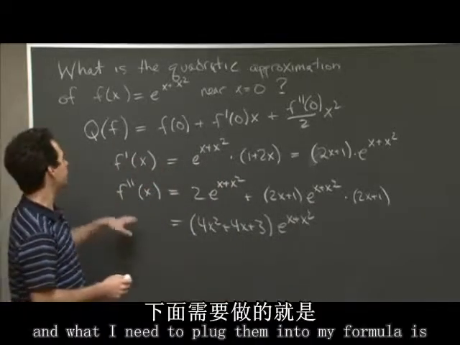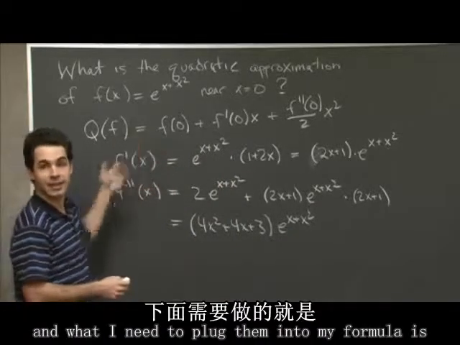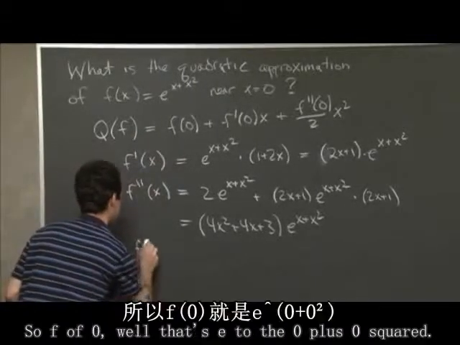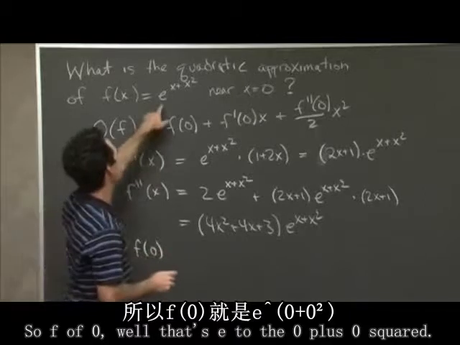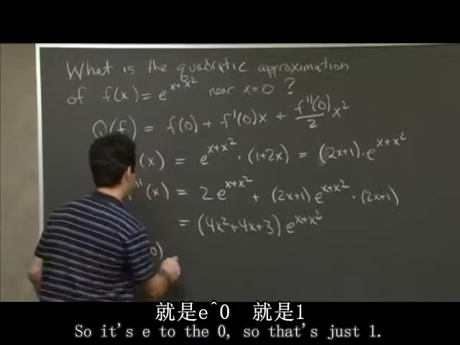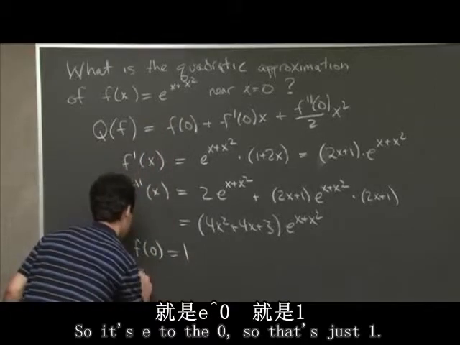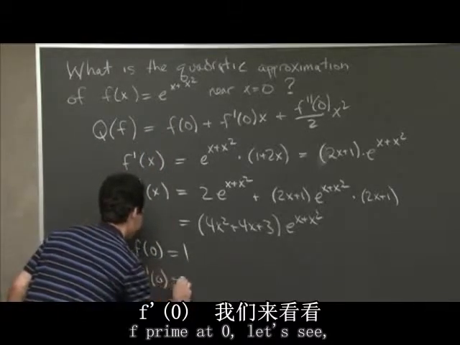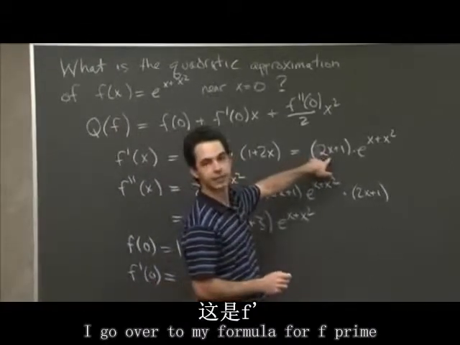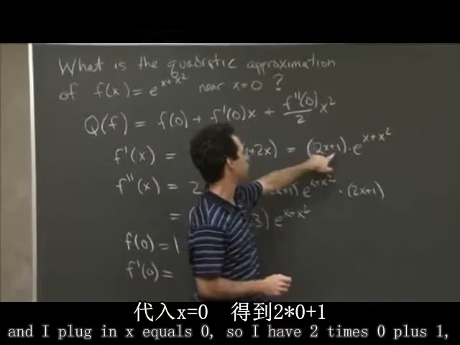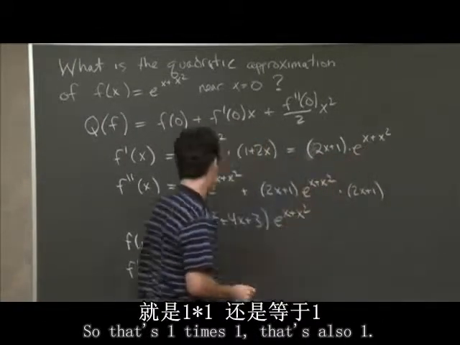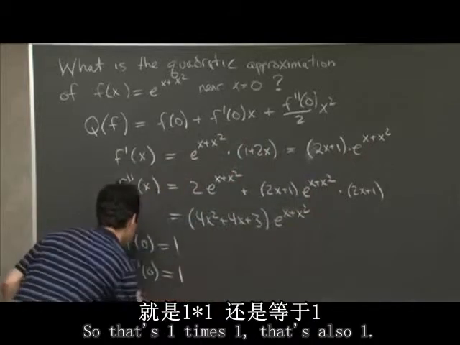What I need to plug them into my formula is their values at 0. So I need the function value at 0. f of 0 is e to the 0 plus 0 squared, so it's e to the 0, which is just 1. For f prime at 0, I go to my formula for f prime and plug in x equals 0. I have 2 times 0 plus 1, so that's 1, times e to the 0, which is 1 times 1. That's also 1.